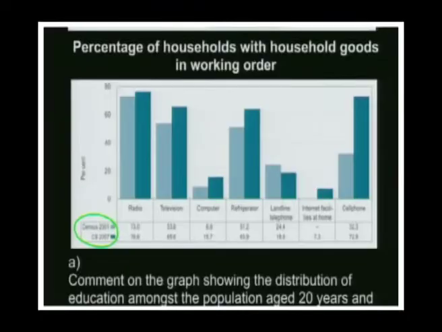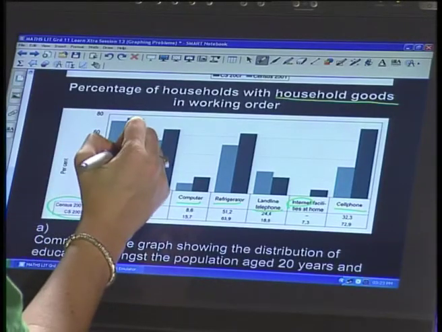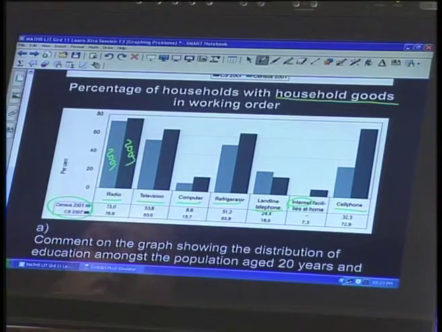Let's have a look at this. Percentage of households with household goods in working order. So we have a radio, a TV, computer, fridge, landline telephone, internet, and cell phone. And as we can see, the double bar graph shows the progression from census 2001 to census 2007.